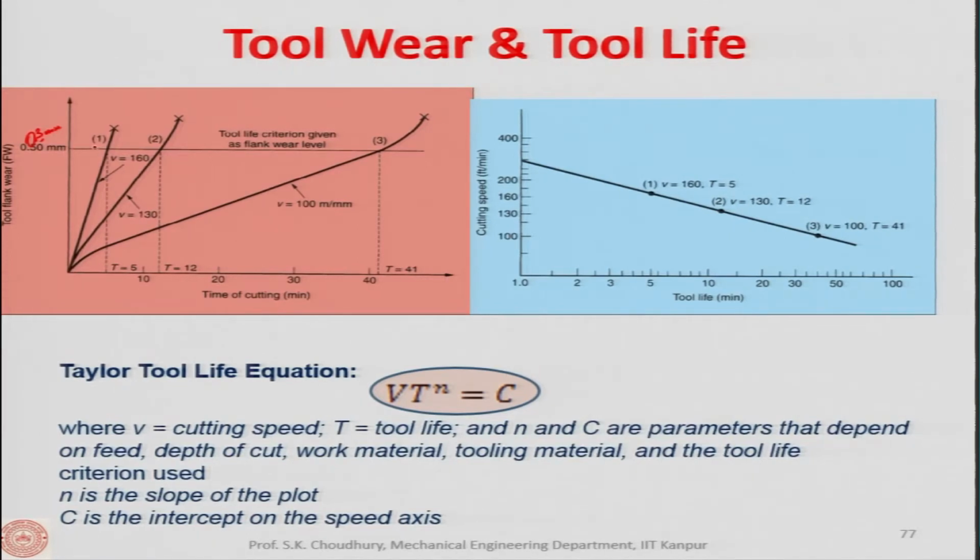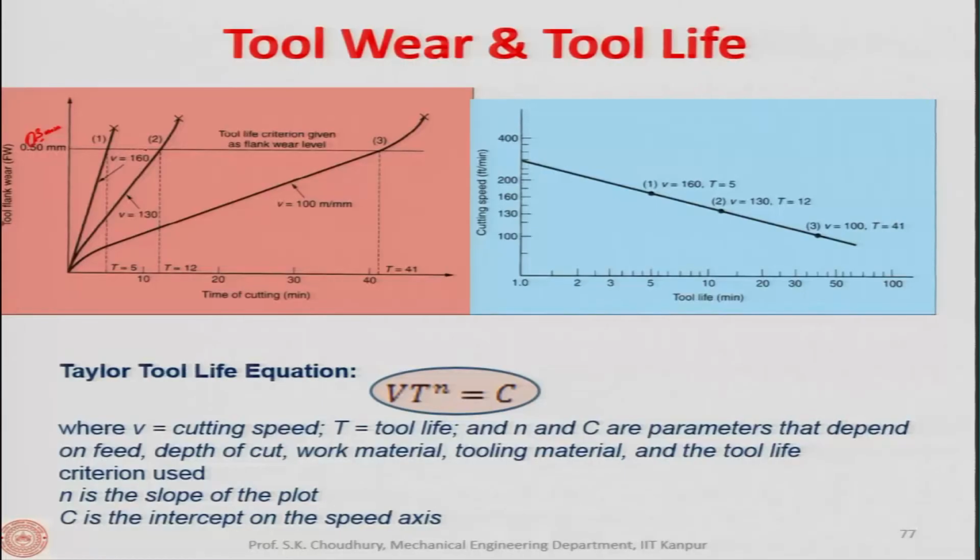At 0.3 millimeter we put a line saying that we do not allow the tool flank wear to grow beyond it, because beyond 0.3 millimeter the tool will not function with the desired accuracy, proper dimensional accuracy, proper tolerances, and proper surface finish. So, this is the line which defines the tool life.